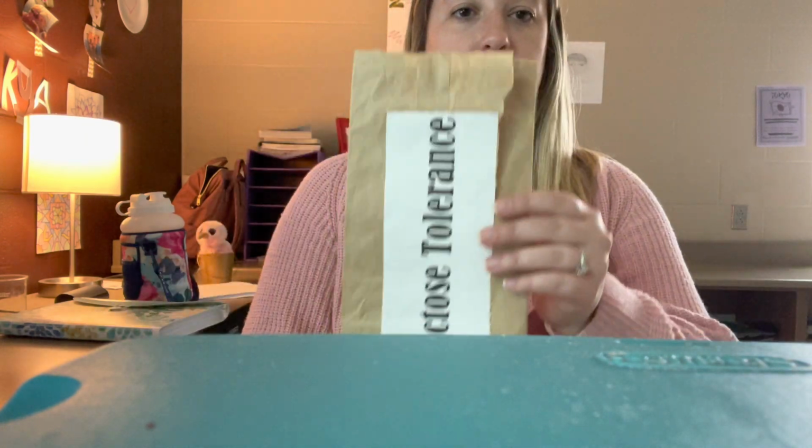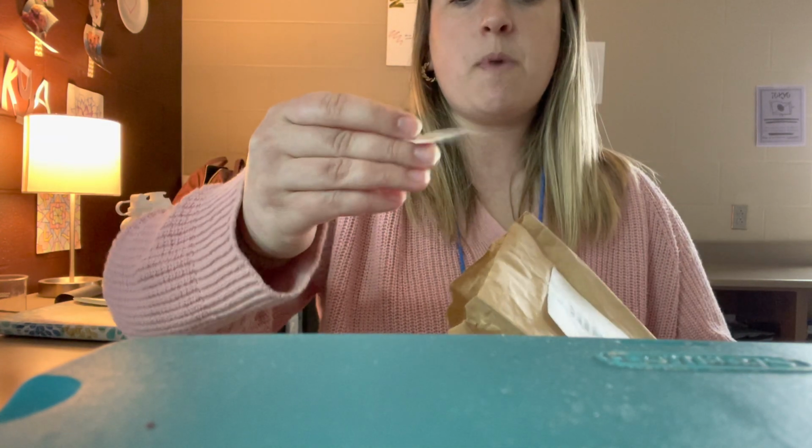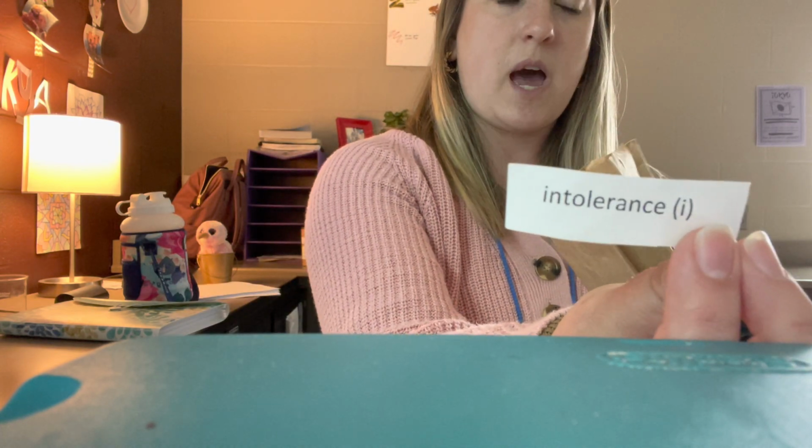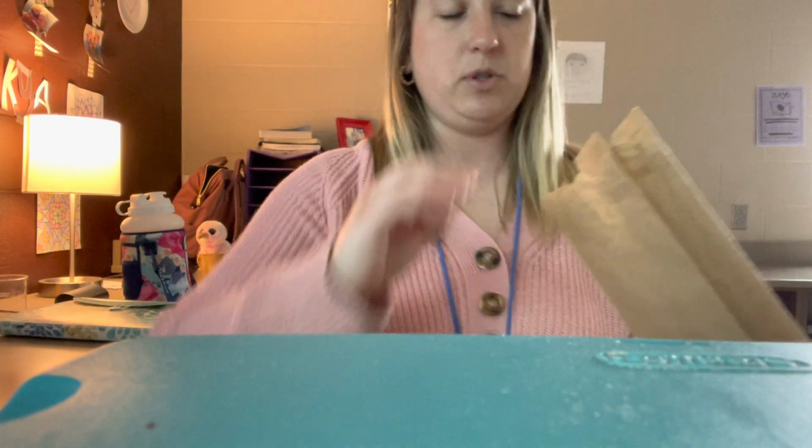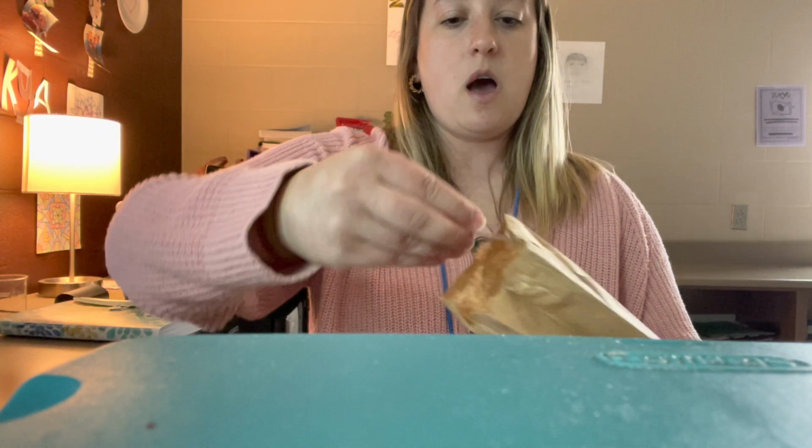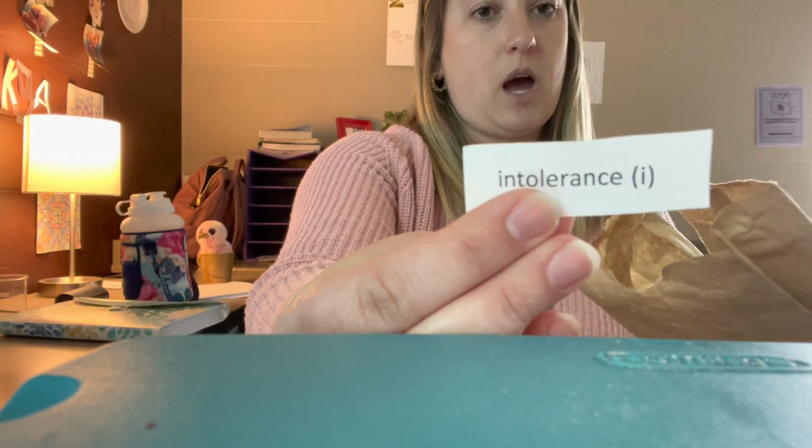Next, we got lactose tolerance, which means that your body is tolerant to lactose. It's able to digest lactose, which is found in dairy. So from the mom, we got a lowercase i, which means that they're intolerant. They're not able to digest that lactose. And from the dad, we also got a lowercase i, so they are intolerant to lactose.